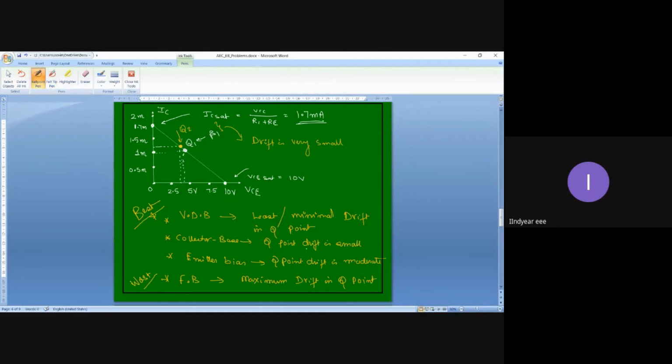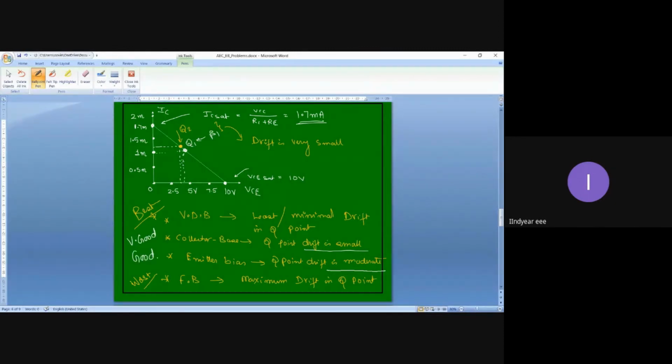This is called quantitative assessment, with the help of physical resistance values and circuit parameter variation. You could gauge the performance of the 4 biasing circuits. Voltage divider bias is best, fixed bias is worst, collector to base bias is very good, and emitter bias is good.